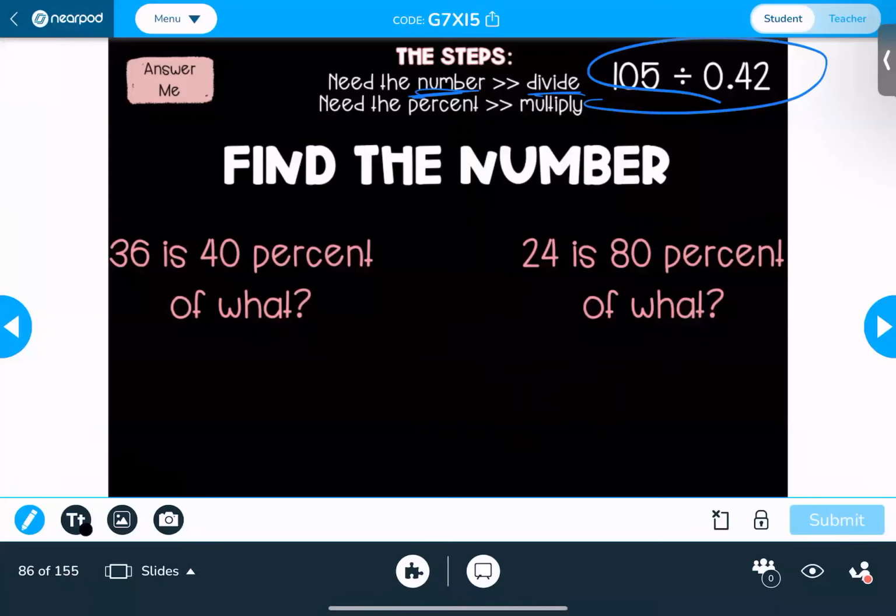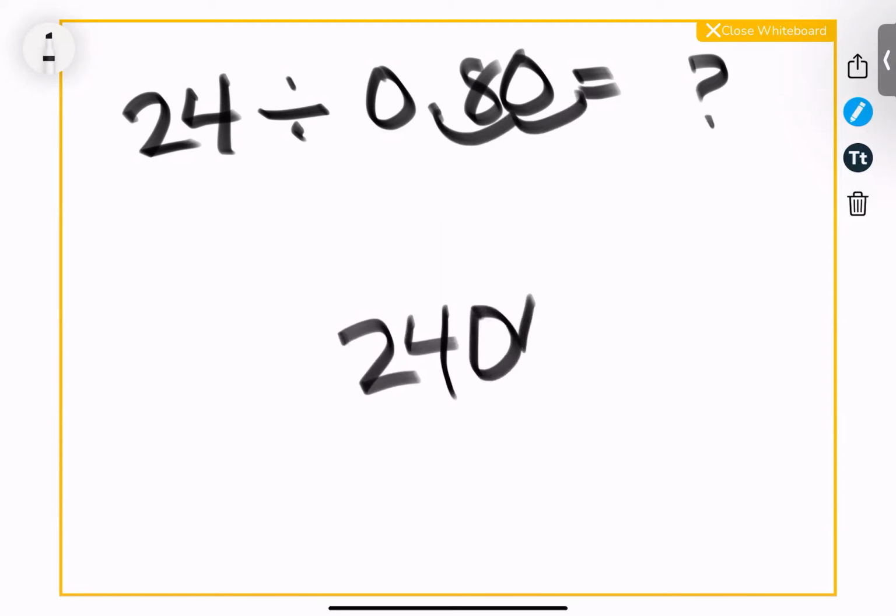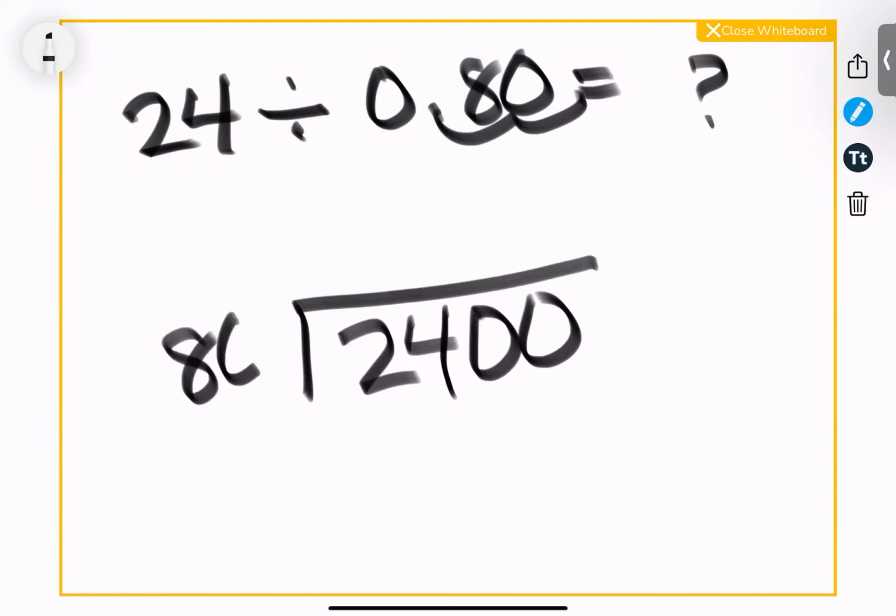Last one, 24 is 80% of what? 24 divided by 80/100. When we set that up, 24 inside, add 2 zeros to account for the decimal. Our answer is 30. We're going to stop there. Any questions, bring them with you to class.